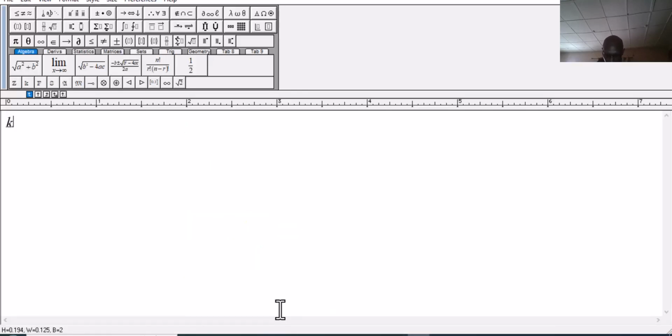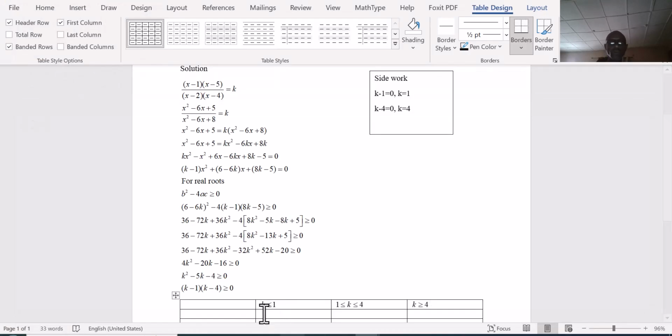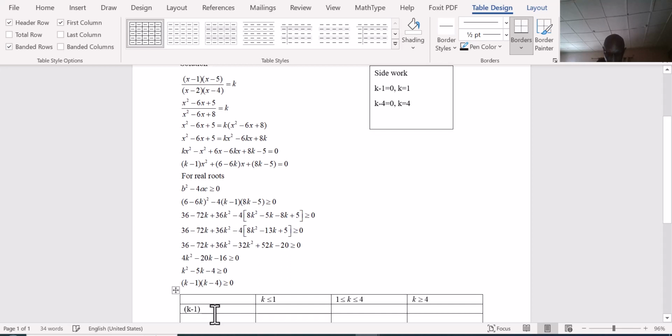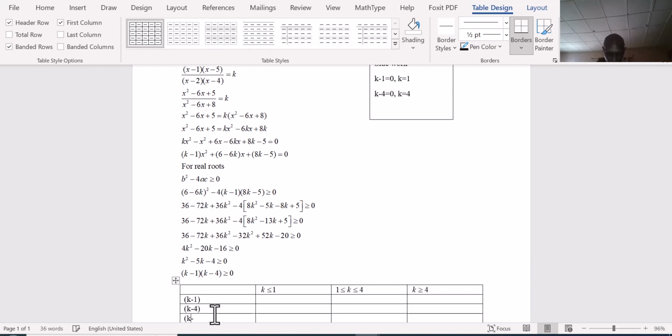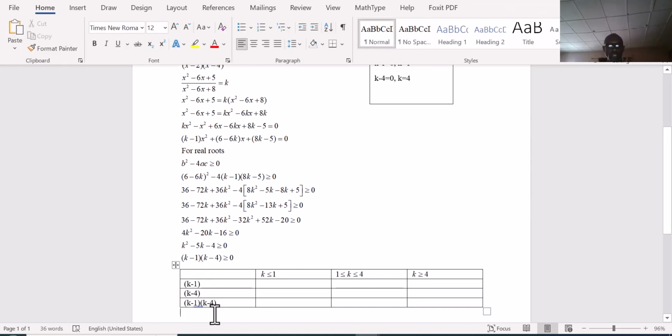As for this side, I'll put these values here: k minus 1, k minus 4, then the product of the two, (k minus 1)(k minus 4). So this is the table that we have.